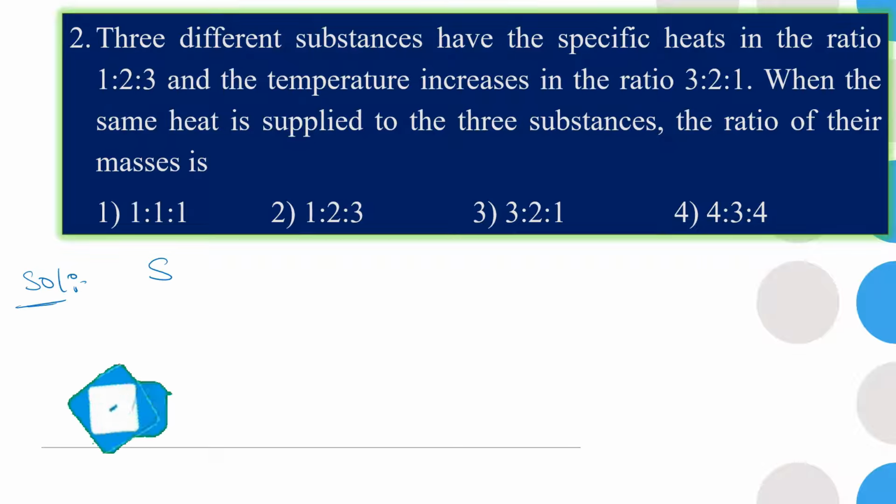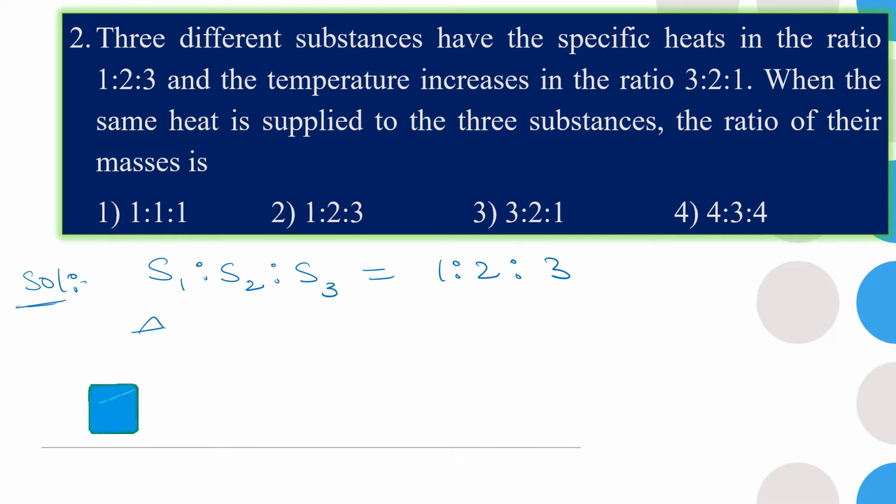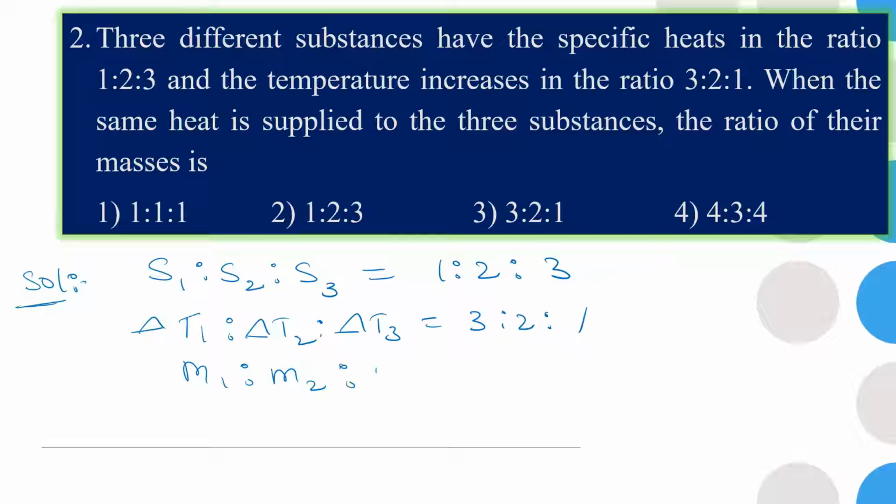Given ratio of specific heats, S1 is to S2 is to S3 is equal to 1:2:3, and their temperature increases in the ratio, that is delta T1 is to delta T2 is to delta T3 equal to 3:2:1, and we have to calculate the ratio of masses m1 is to m2 is to m3.